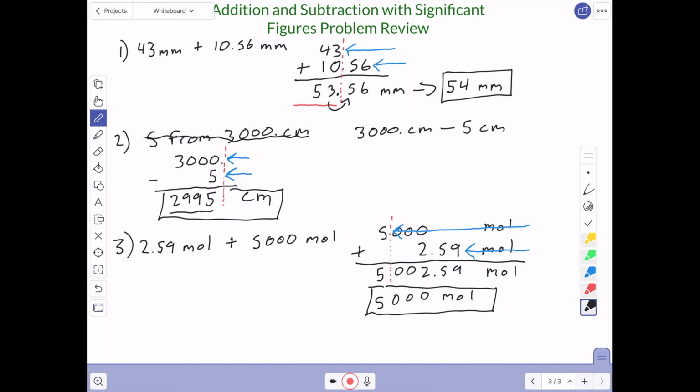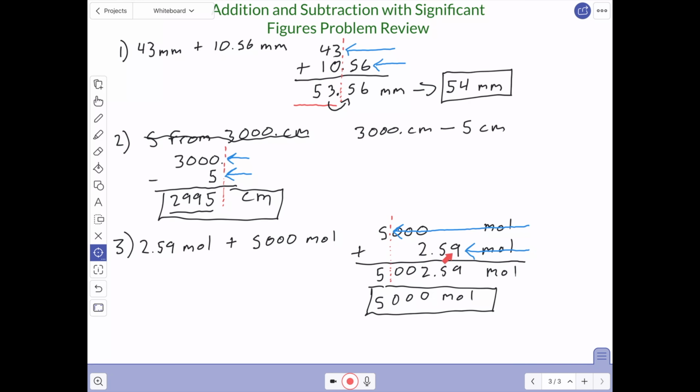Now, you stop and ask yourself, I added something to 5,000 and I ended up with 5,000. What? Well, remember the concept here. The concept is all about accuracy and precision of our numbers and the measuring devices we took them with. The device we used here clearly was not very accurate and precise. It was only precise enough or accurate enough to measure to the thousands place, whereas this device was accurate to the hundredths place.